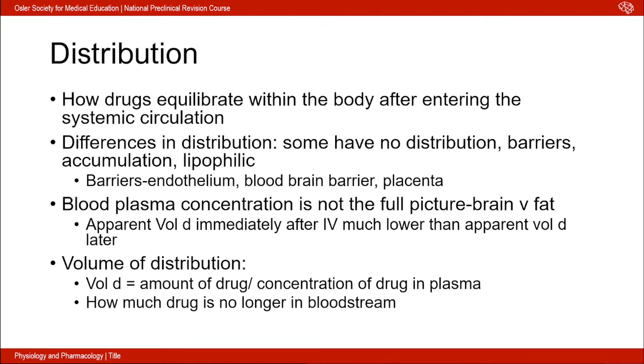And then, as we said, the blood-brain barrier is this tight junction between endothelial cells surrounded by astrocytes, and it's essentially impermeable to most drugs unless they're sufficiently lipophilic. And as I said, they're disrupted in infection, and that's what allows antibiotics through in meningitis.